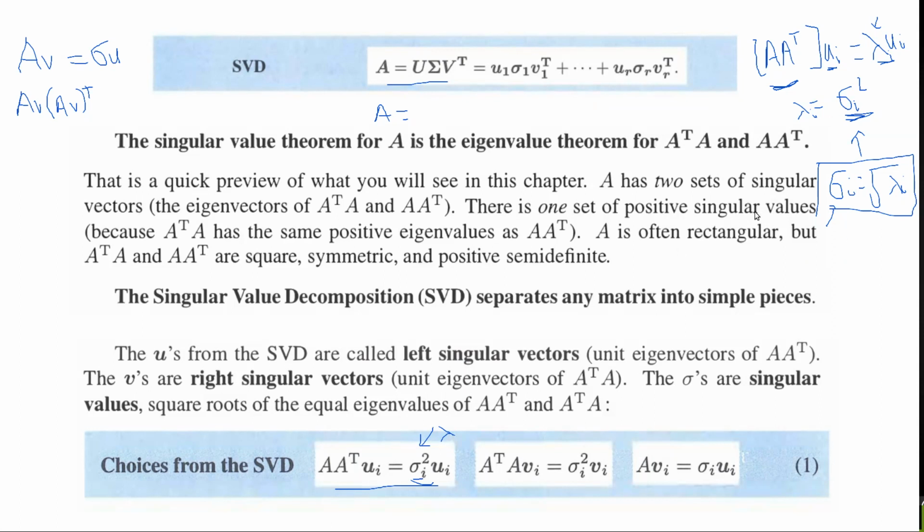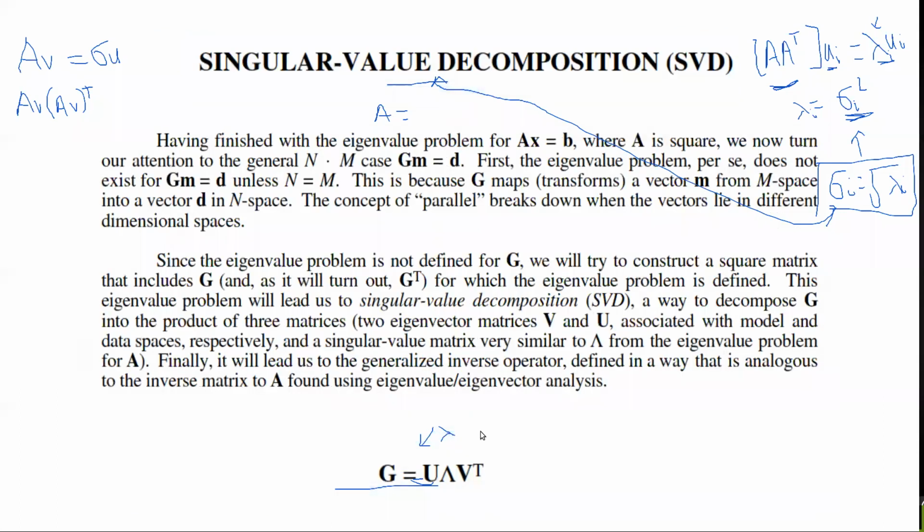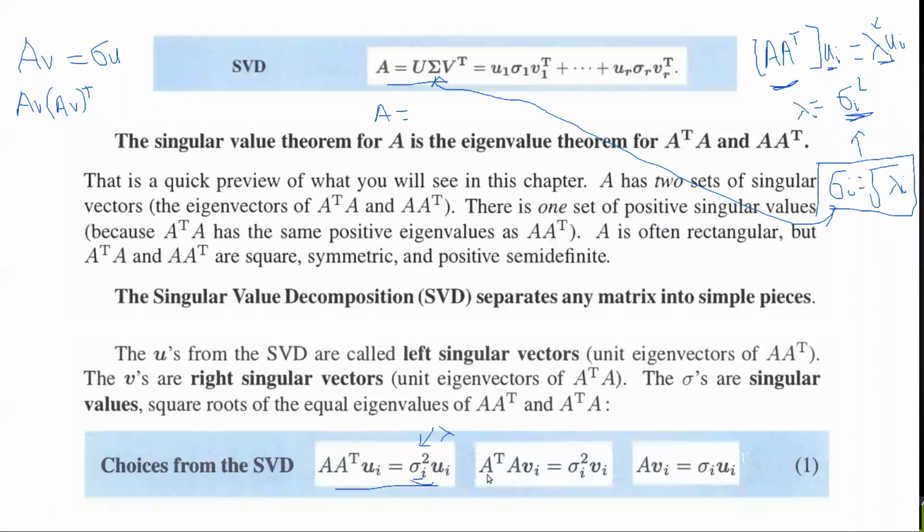So these form the singular values, and this goes into the diagonal matrix, not the eigenvalues of the square matrices. Okay, and if we go here, I think I can continue. I'll try to explain this later.